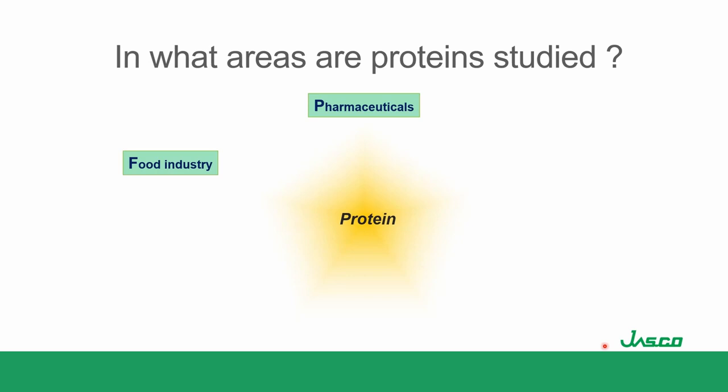Also, we have the food industry, mainly with the design of new foods, and they use it due to the structure of the protein, which also provides specific functions in water and fat binding, so it can emulsify and create foams or gelling for specific foods.